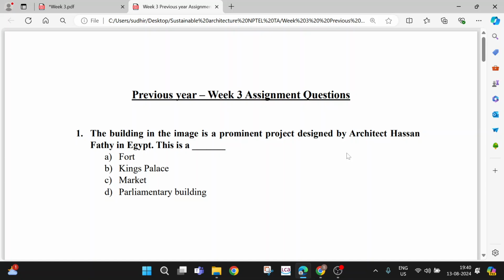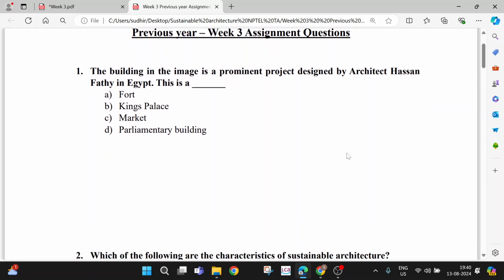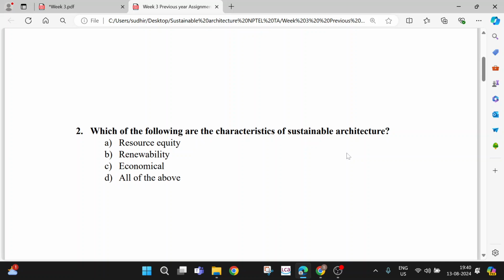If you are able to recall, then it's fine, or should I say so? Yeah, we can recall. Okay, thanks. So let's move to question 2. Here is question 2.